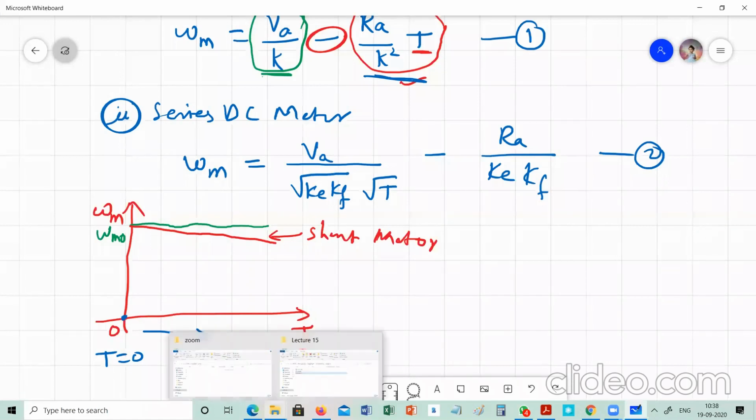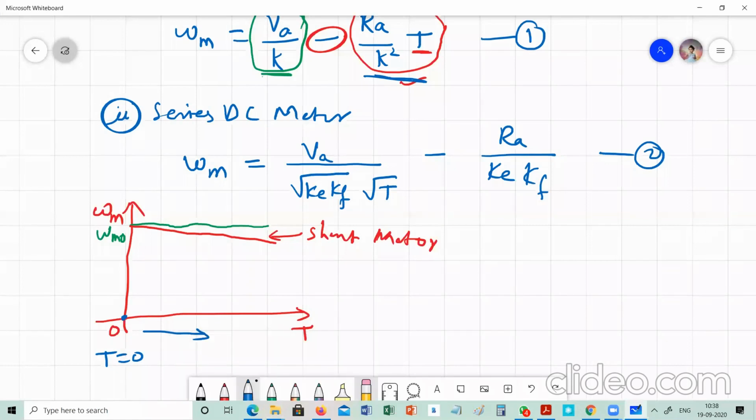Also, for the series DC motor, you can observe that omega m is inversely proportional to the square root of torque. The term Ra by KeKf is constant, since Ra is the armature resistance and Ke, Kf are motor constants.